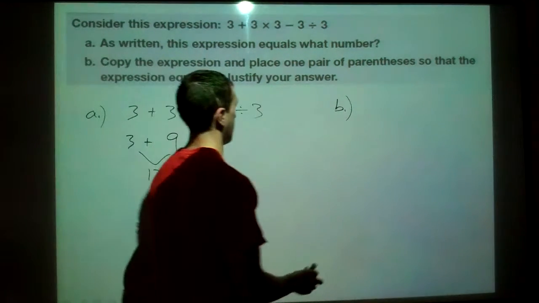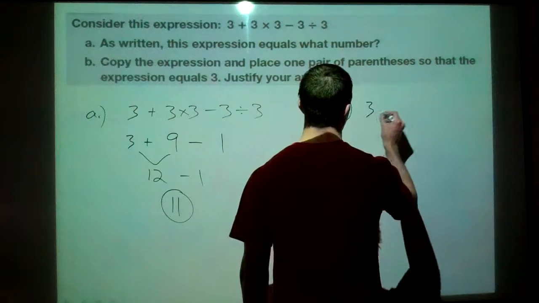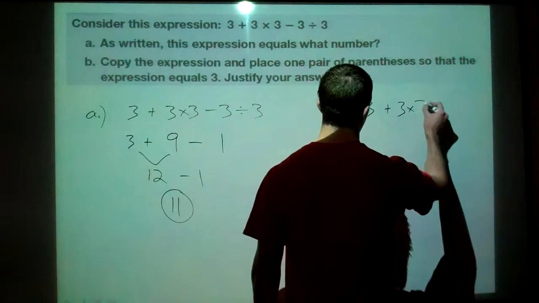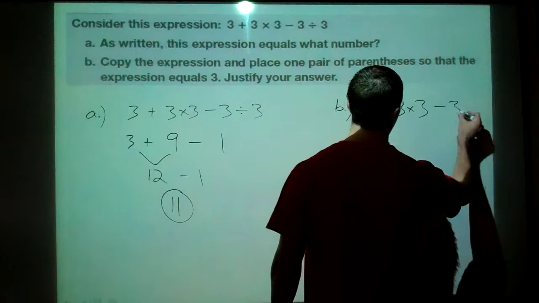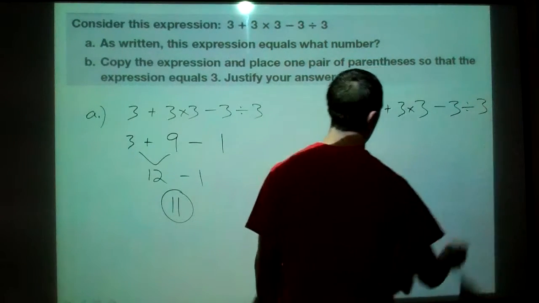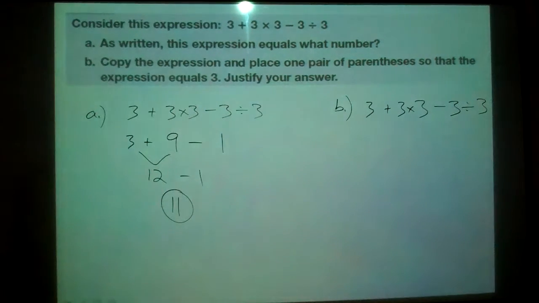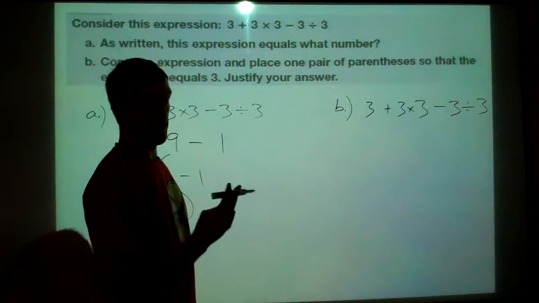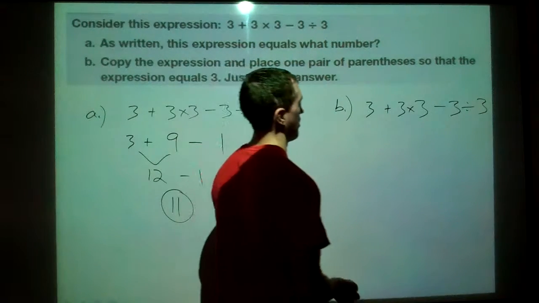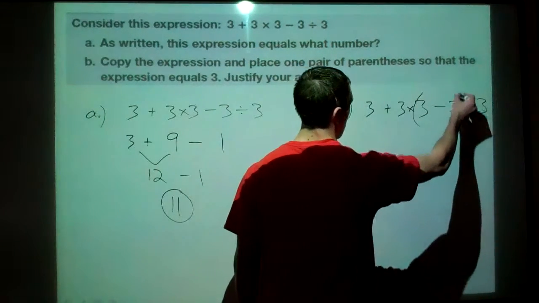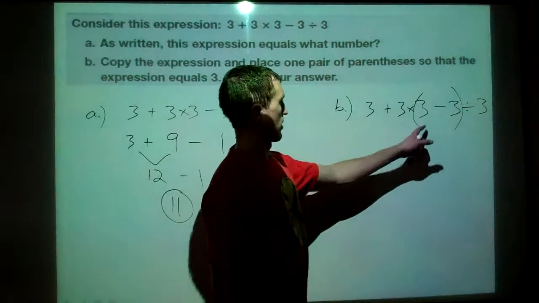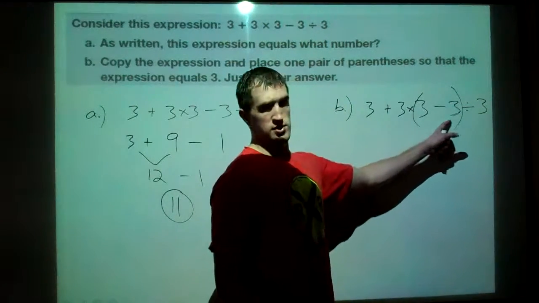So we have 3 plus 3 times 3 minus 3 divided by 3. Now we want to place the parentheses somewhere so that we will get 3 for our overall answer. If we place them here, that tells us we're going to do this first.